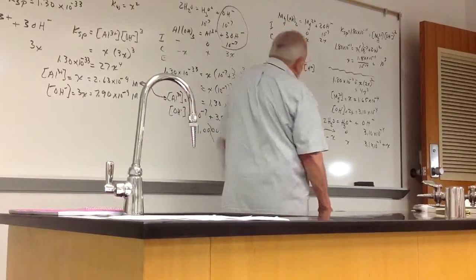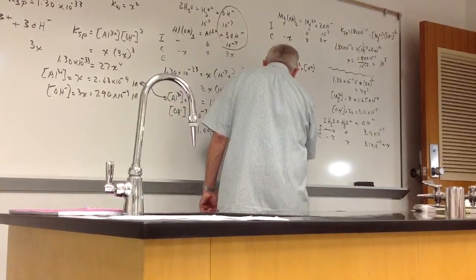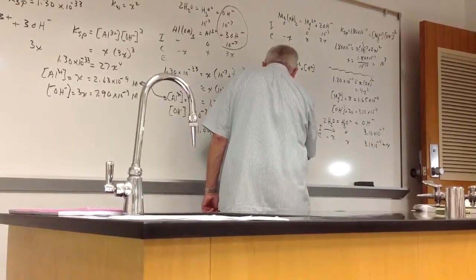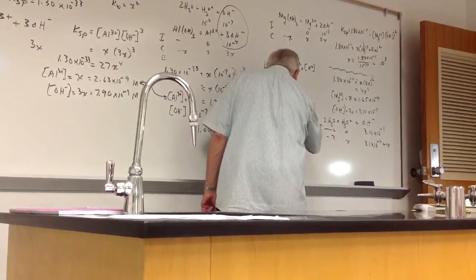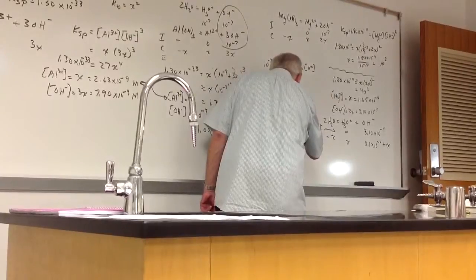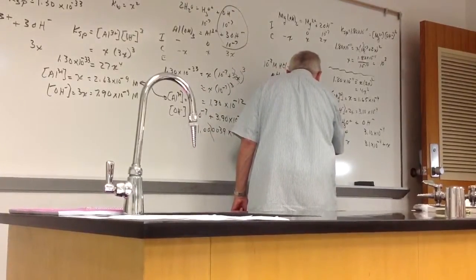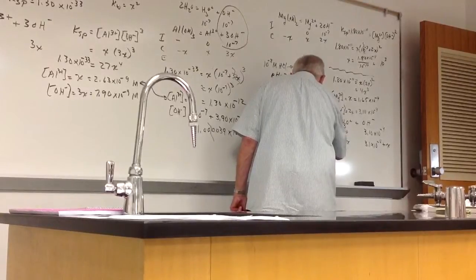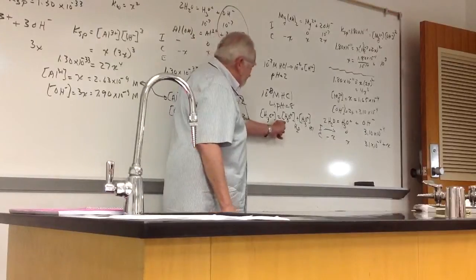Because then you have, and I'll write fancy now, the hydrogen ion concentration is the concentration of hydrogen ions from water plus the concentration of hydrogen ion from HCl. That's the true source of the hydrogen ion. I couldn't ignore the hydrogen ion from water.